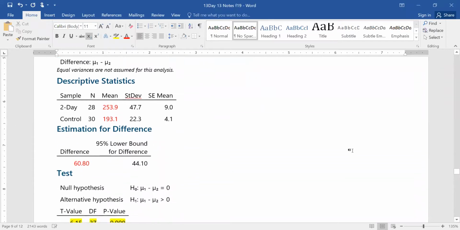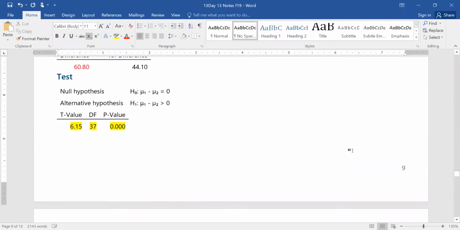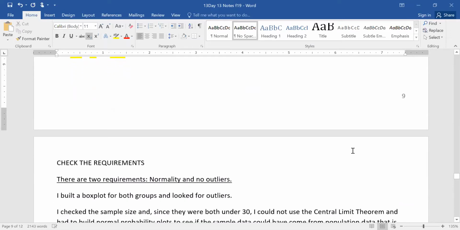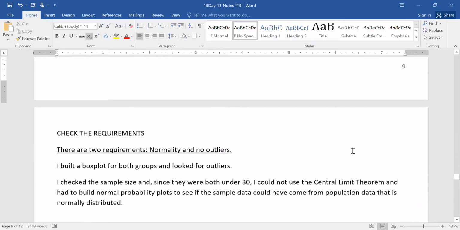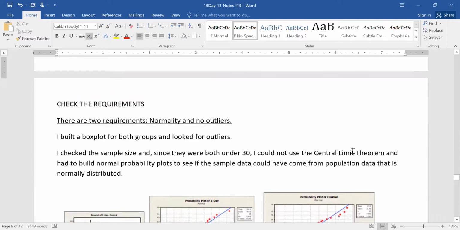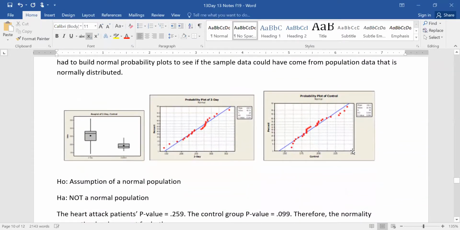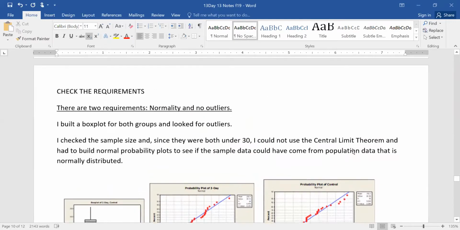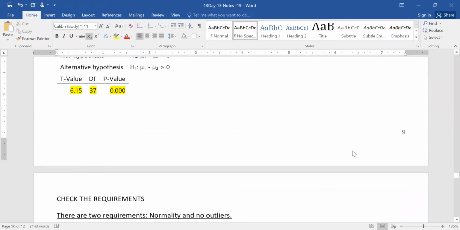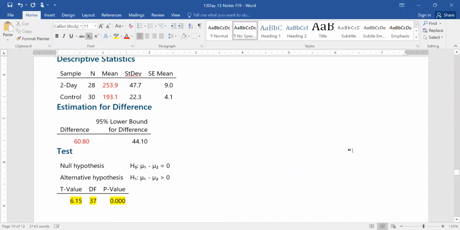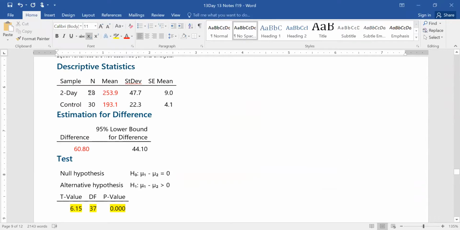Okay, so here's all my output, a whole bunch of information here. Now I need to check my requirements. So to check the requirements, I need to build box plots to check for outliers, and I need to check for normality. If I'm looking here, my N right here, 28 for day 2, that's not greater than 30.